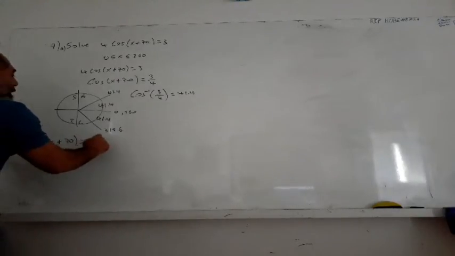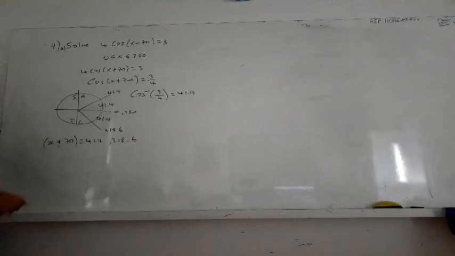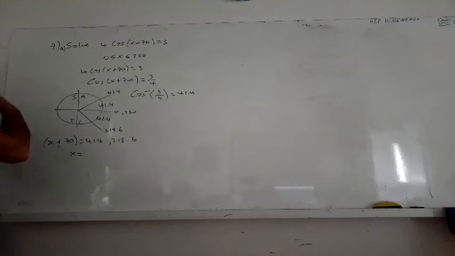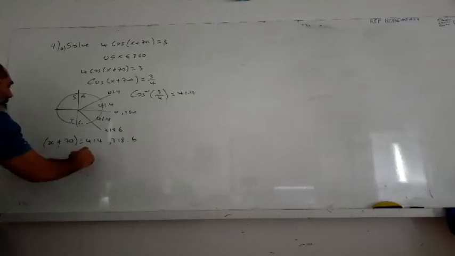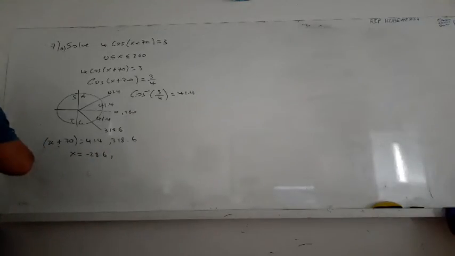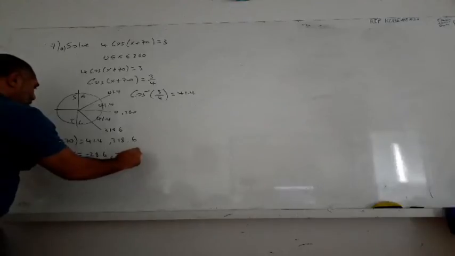X values are not in the range. What are we going to do? Because the range is between 0 and 360.